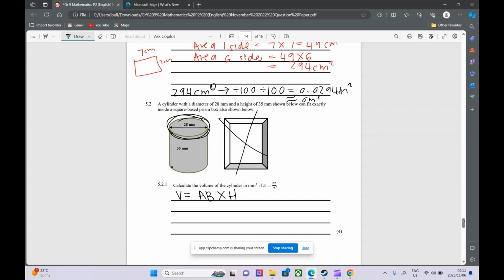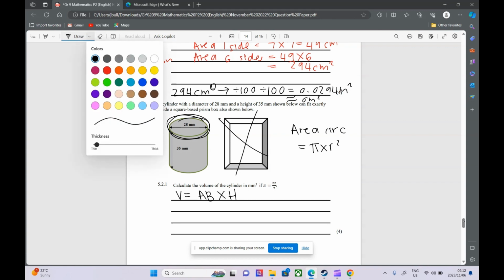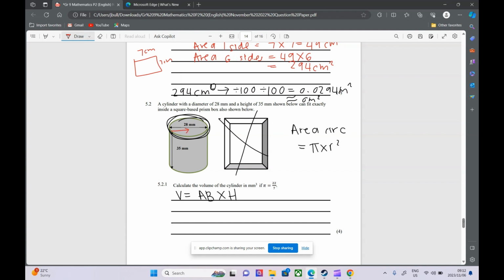And to find the area of a circle, you have to know this formula. So the area of a circle is always pi times your radius squared. In this case, they give us that diameter, so we would have to first of all work out the radius. So the radius is half of the diameter. So it's half of that. So it is going to be 14 millimeters.